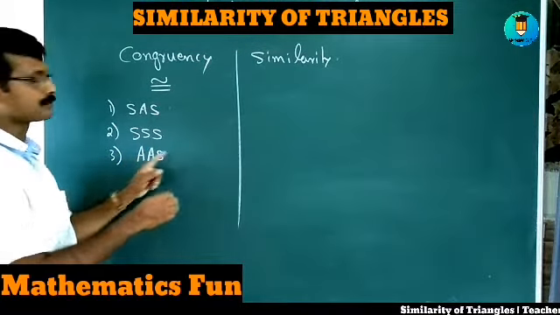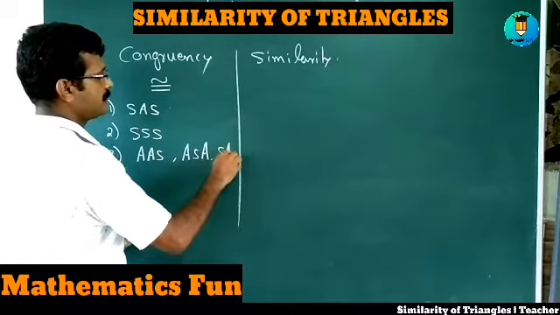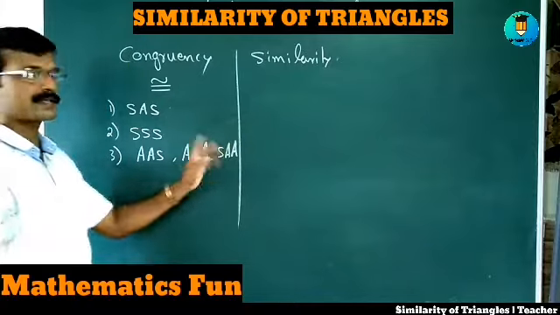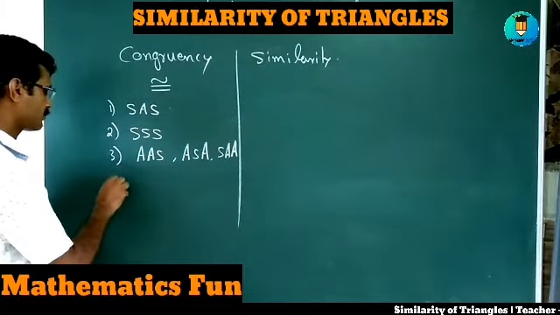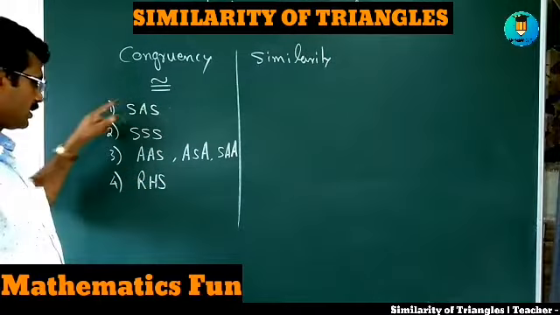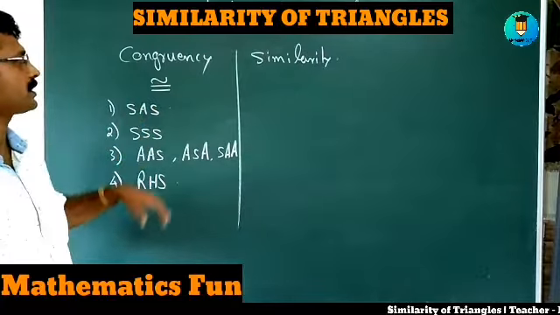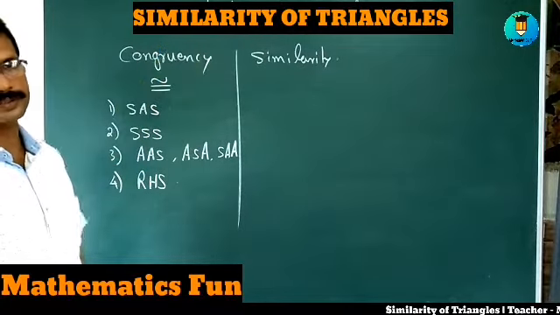It can come in other forms, like ASA or SAA, so these three are actually the same thing. And the next one is RHS. These are the four rules we use to check whether the given pair of triangles are congruent or not.